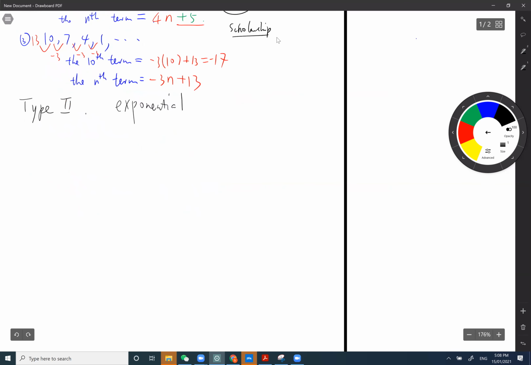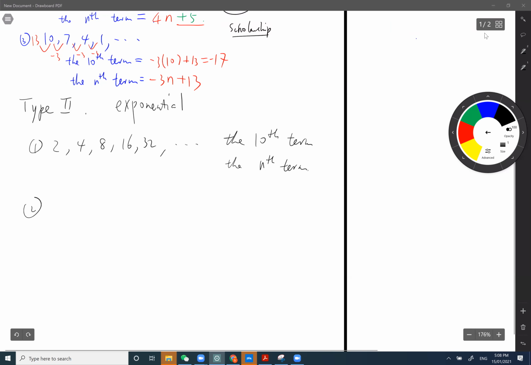Check: 2, 4, 8, 16, 32. What's the 10th term? What's the nth term? Again, the question is really similar.